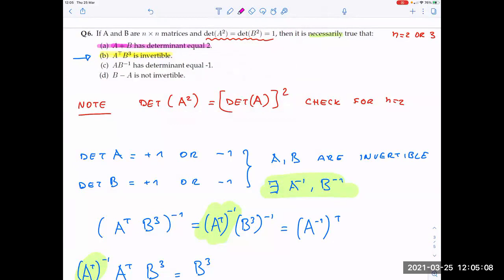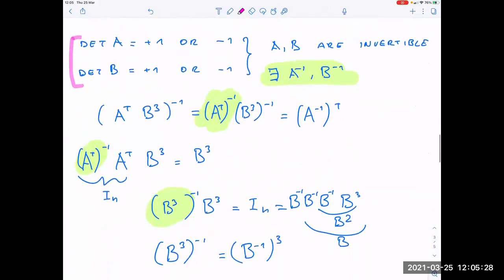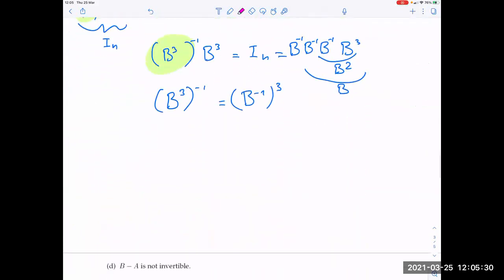How do you prove that this is not necessarily true? Well, you have to produce an example of two matrices such that they have determinant plus or minus 1, as it is said here, and when you sum them, the determinant is not 2. Can you do that? So let me write it here.